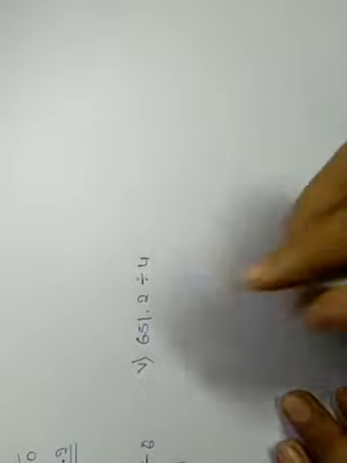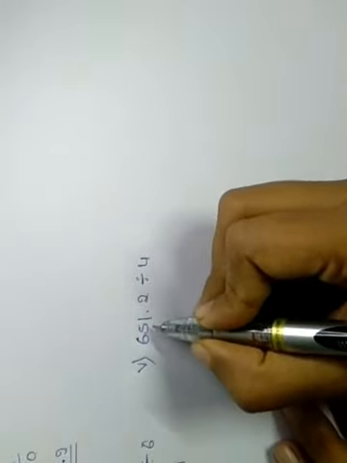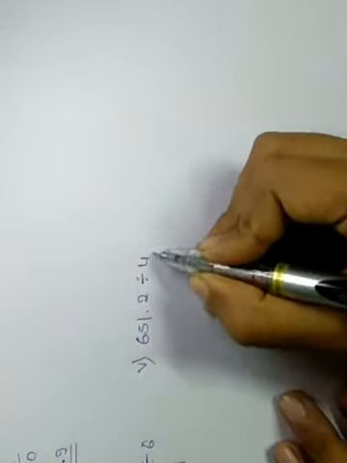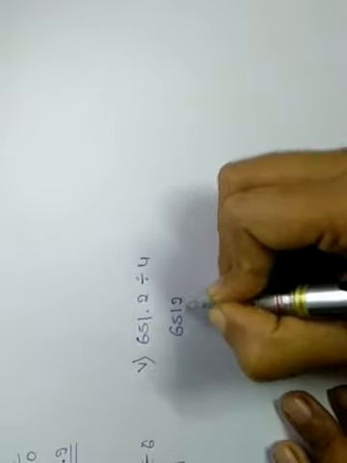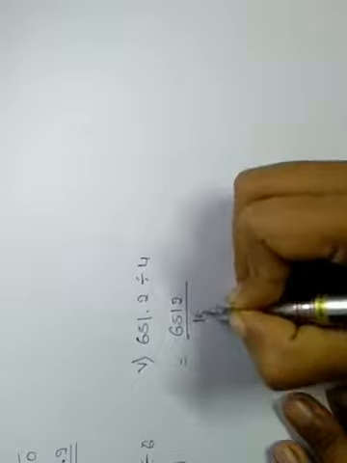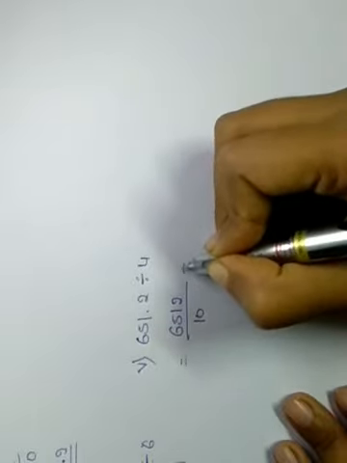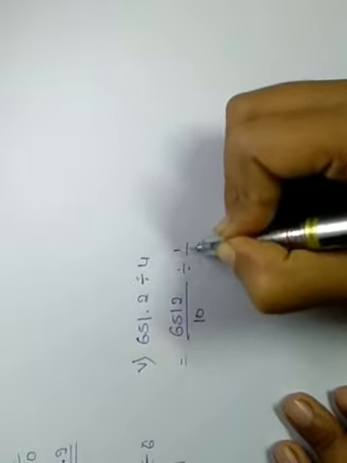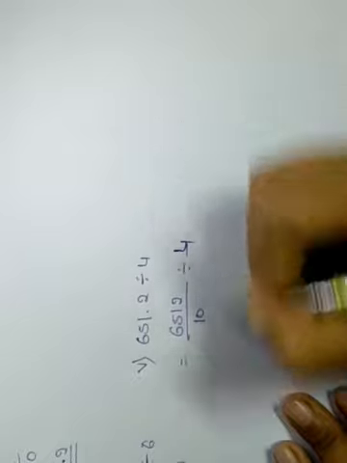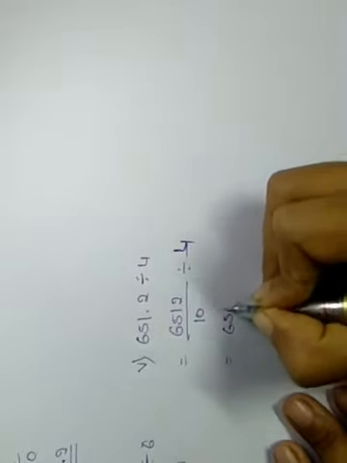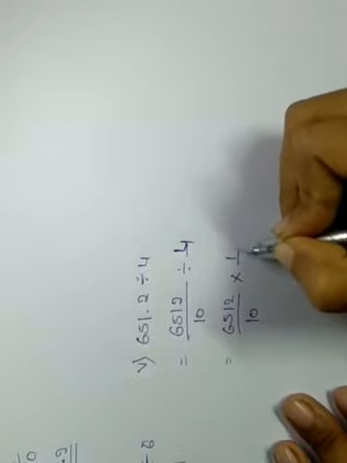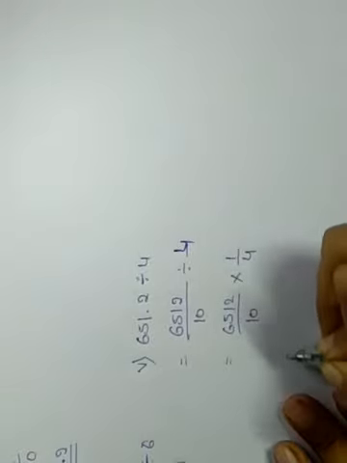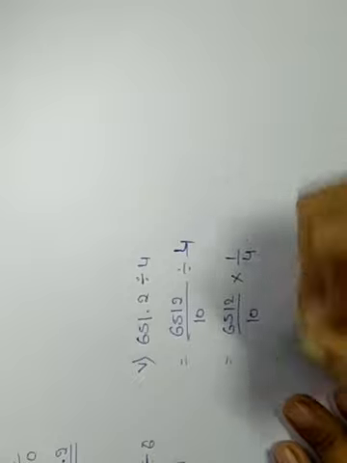Fifth problem, 651.2 is divided by 4. 651.2 is 6512 divided by 10, then divided by 4, that is 1 divided by 4 only. Next step is 6512 divided by 10, change the sign and take the reciprocal, 1 by 4. Now we'll simplify it.